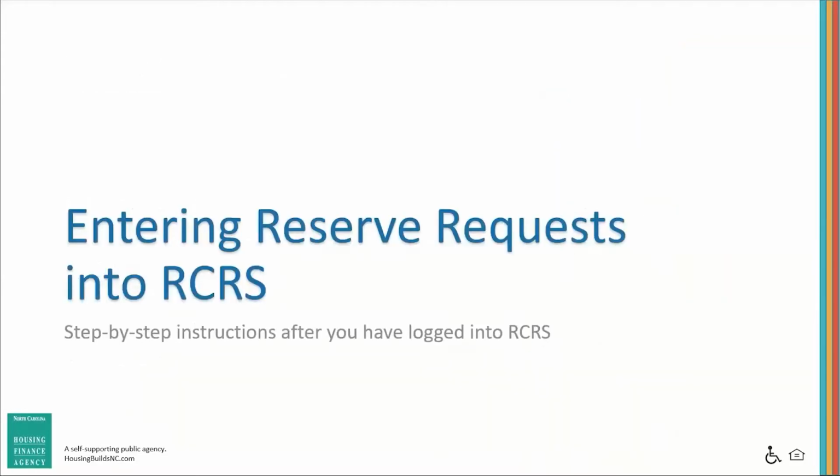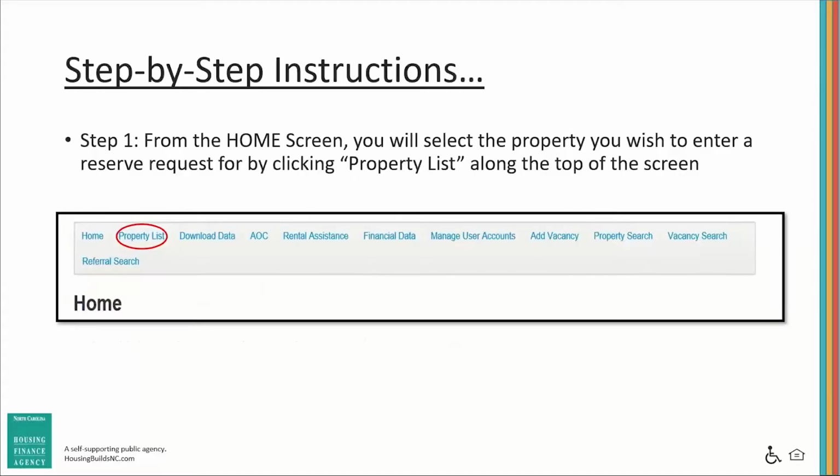So now we're going to move on to the step-by-step instructions of actually entering the reserve request into RCRS. And this process begins after you have logged into the system.